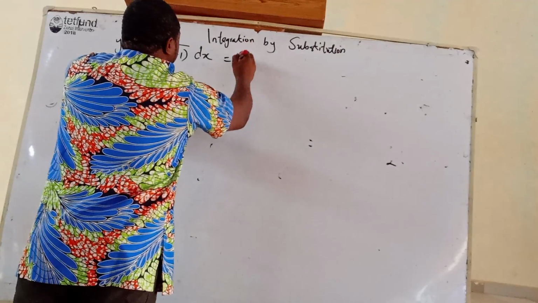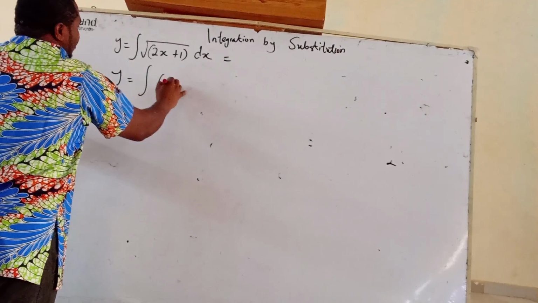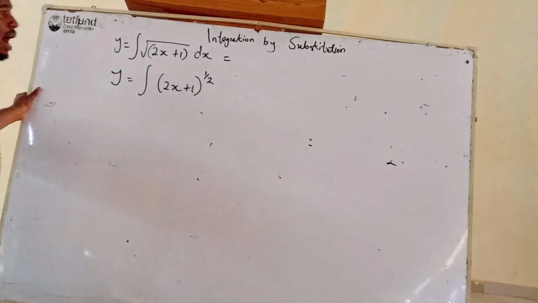So I can say that our y here can still be the same thing as the integral of (2x + 1) raised to the power half, right? Is that so? Who agrees with me?